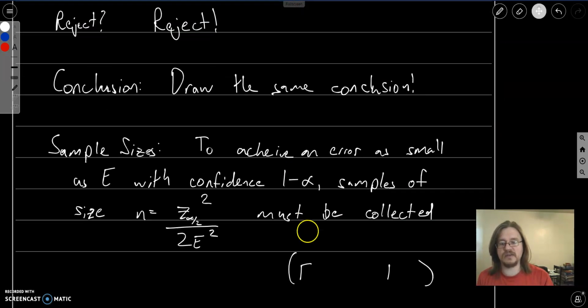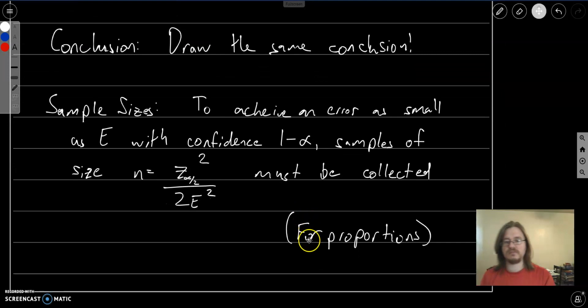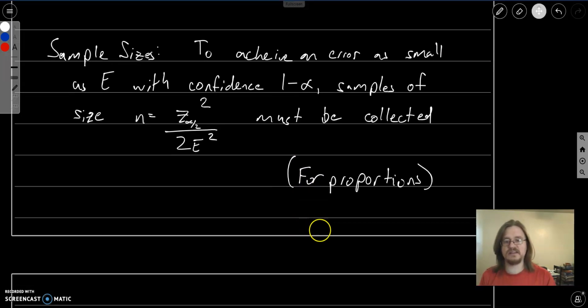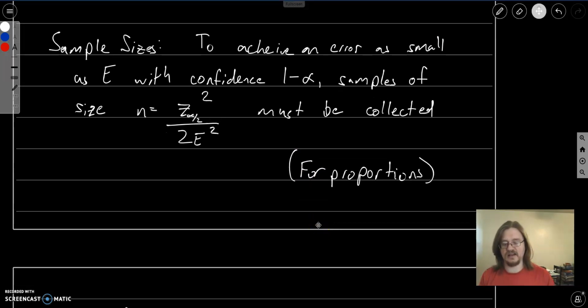The very last thing that I'll mention is, if you are about to conduct an experiment, you can actually work out in advance how many people you would have to test, how many samples you would have to collect in order to be confident at a certain range.